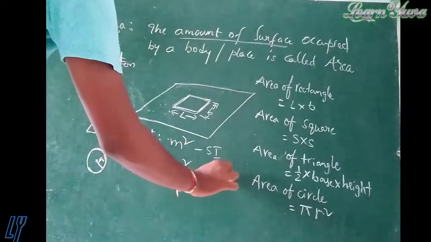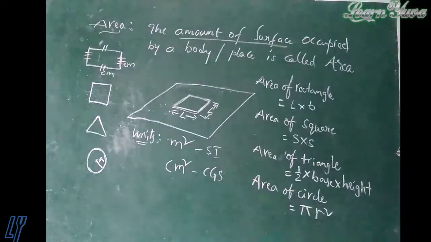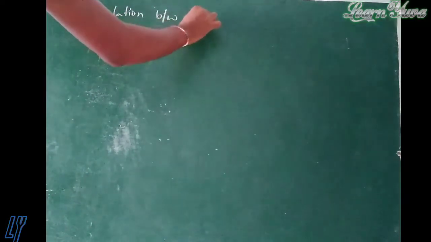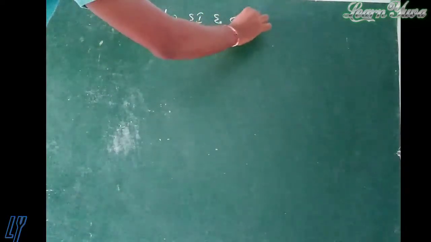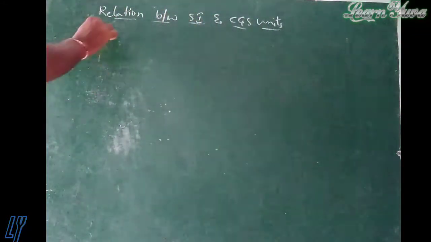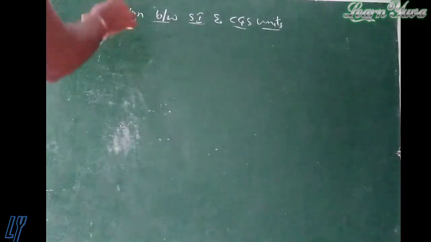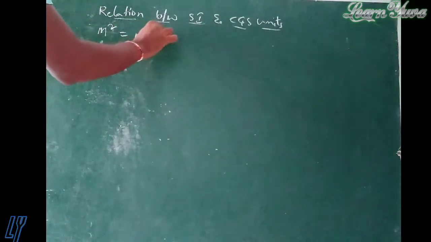This is the CGS unit. Now the relation between SI and CGS unit. What is the SI unit of area? Meter square, which is nothing but meter into meter.